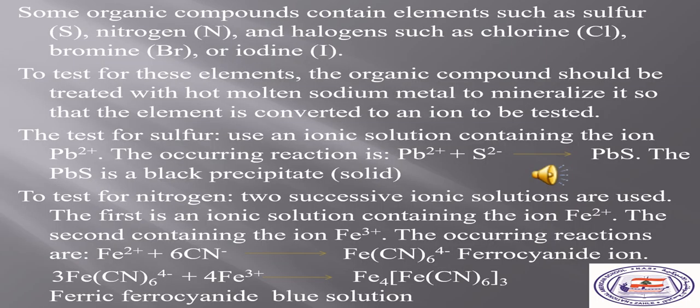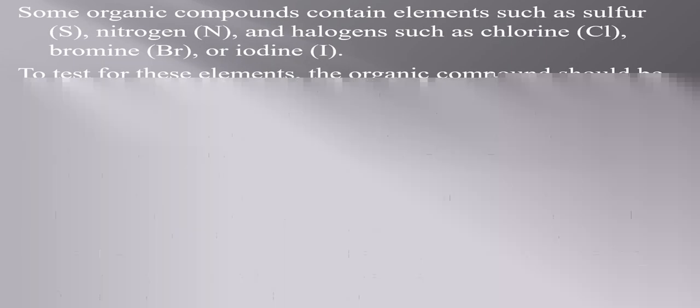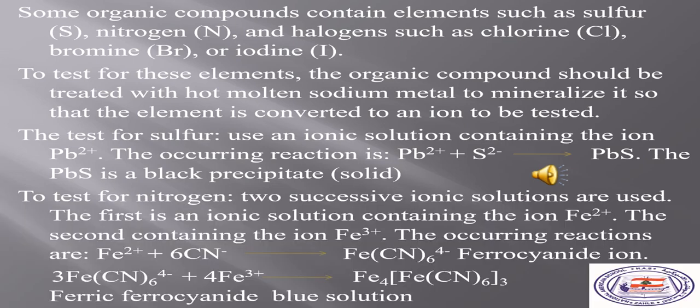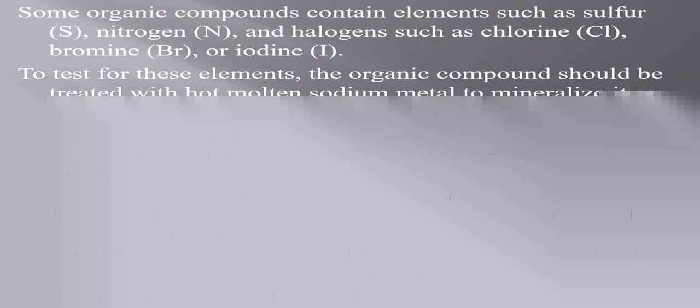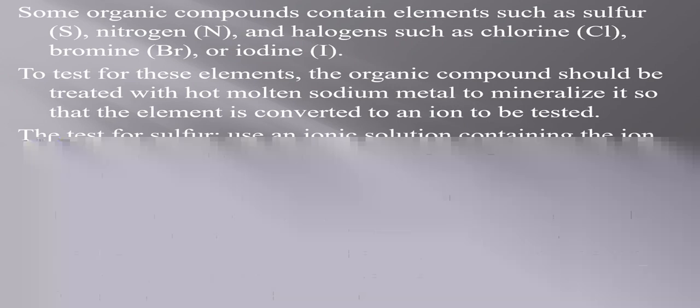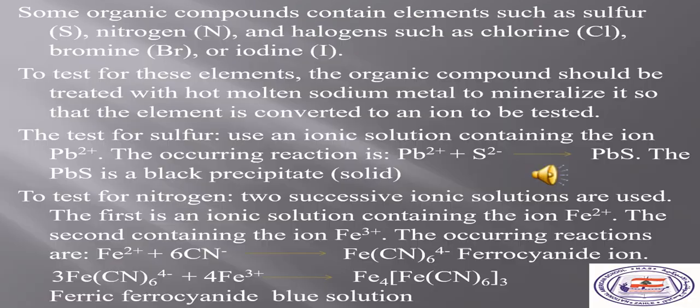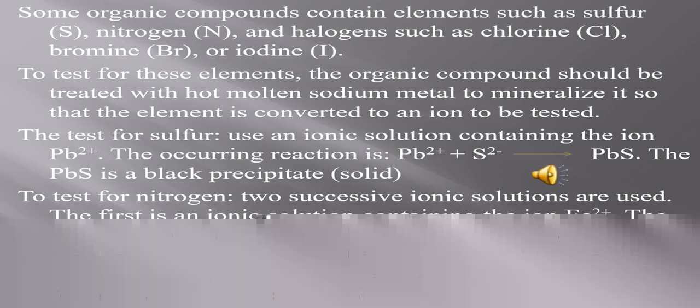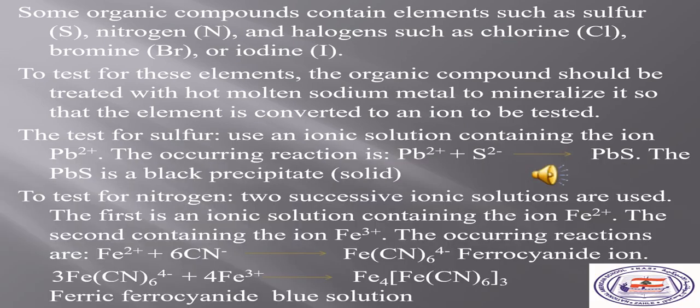Now, what if the organic compounds contain elements other than carbon, hydrogen, and oxygen, elements like sulfur S, nitrogen N, and halogens such as chlorine, bromine, and iodine? Now, to test for these elements, the organic compound should be treated with hot molten sodium metal in order to mineralize it so that the element is converted to an ion to be tested.